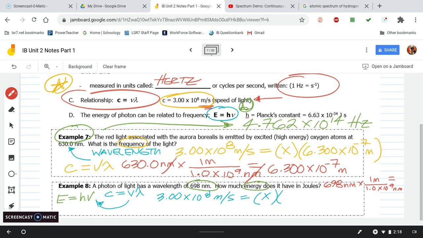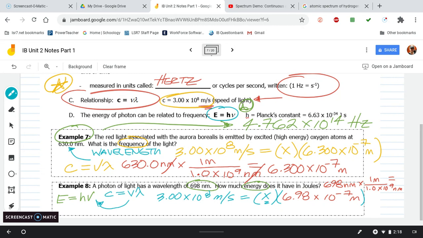Okay, so when you run that through, you're going to get 6.98 times 10 to the negative 7th meters. So I'm just going to write that in there real quick. And now we can solve for x. X is our frequency, and so we can dump it into that energy equation. So let's run that through real quick.